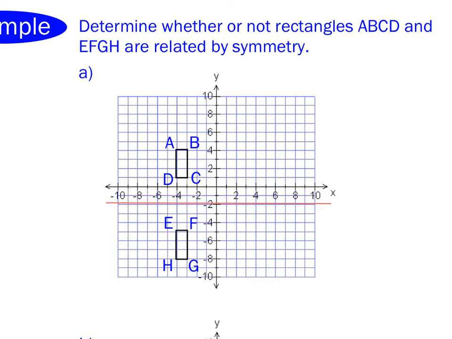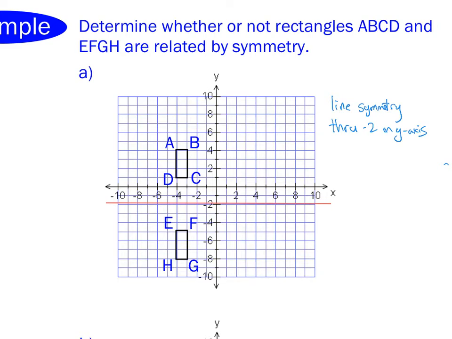That line is where there is line symmetry, because each of those rectangles is 3 units away from that line. So there is line symmetry there. So let's write that down. That would be -2 on the y-axis. That's where that line lives. So there's line symmetry through -2 on the y-axis.